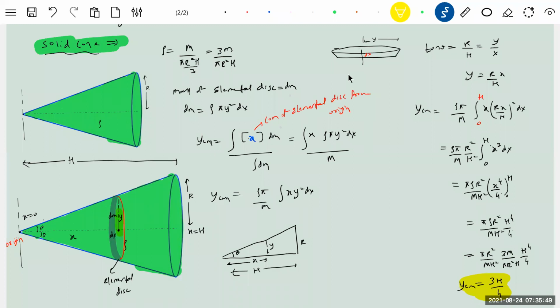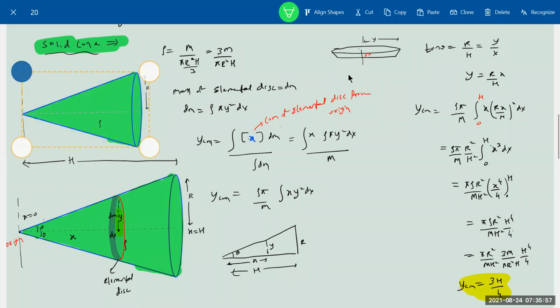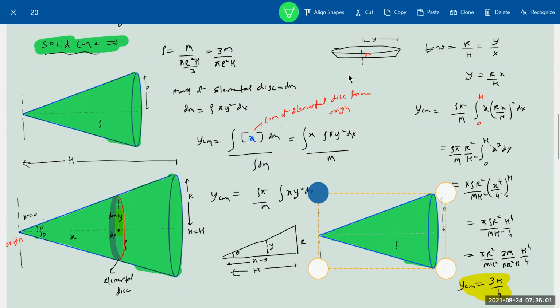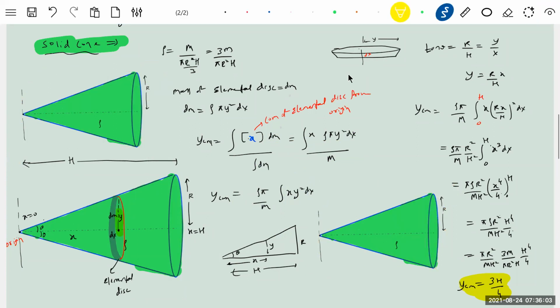3H by 4 from where? From the apex. From the base it will be H by 4. Taking this diagram, this should be the center of mass. Total is H, 3H by 4 from the apex, or H by 4 from the base.